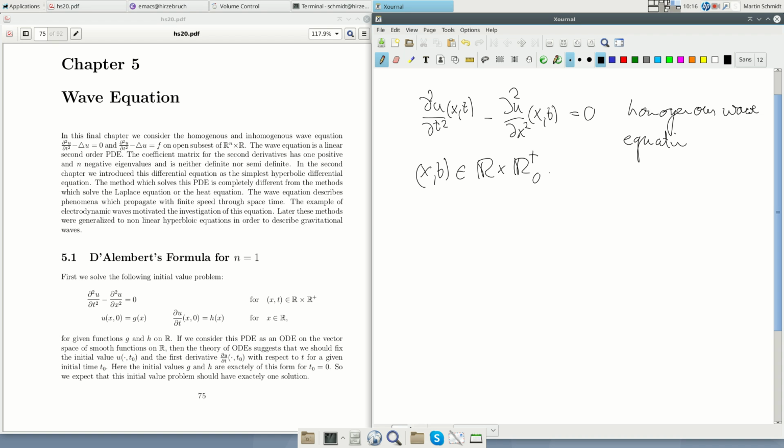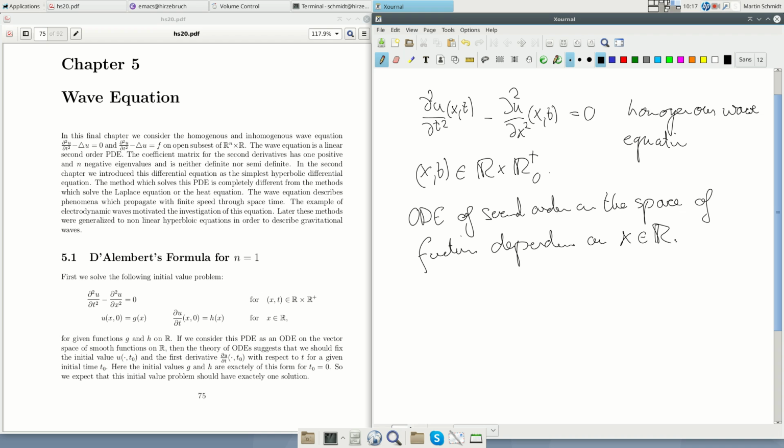Again, we may conceive this as an ODE of second order on the infinite dimensional space of functions depending on x in a real variable.